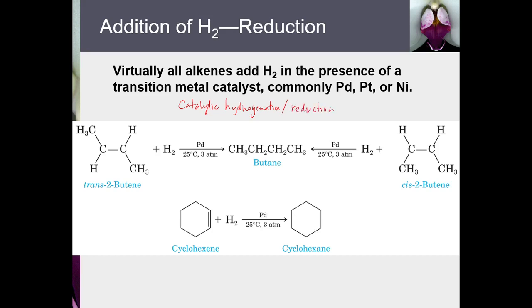So why is it catalytic? There is the term catalytic hydrogenation and reduction because in the process of this reaction, you use a catalyst. Okay, so virtually all alkenes will add H2 in the presence of a transition metal catalyst, commonly palladium, platinum, or nickel. So how is this done?